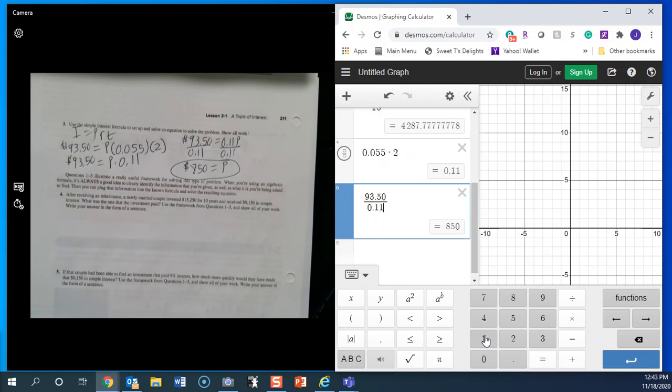Then you could plug that information into the known formula and solve the resulting equation. Number 4, after receiving an inheritance, a newly married couple invested $15,250 for 10 years and received $9,150 in simple interest.